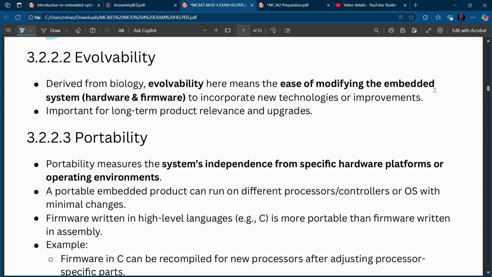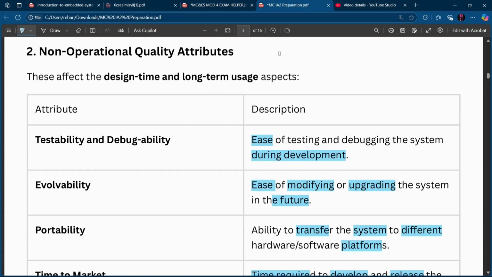You always have to mention ease of doing. In testability, it's ease of testing and debugging during development. Here, it's ease of modifying the embedded system, the hardware or the firmware, to incorporate new technologies or improvements in the future. It is important for long-term product relevance: ease of modifying or upgrading the system in the future.